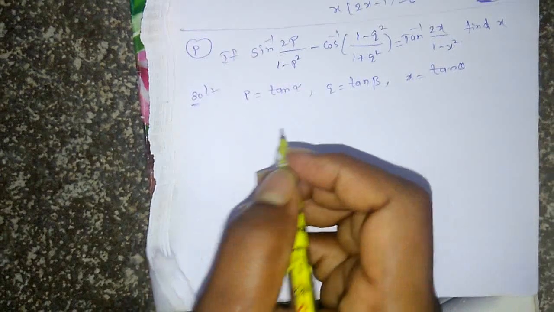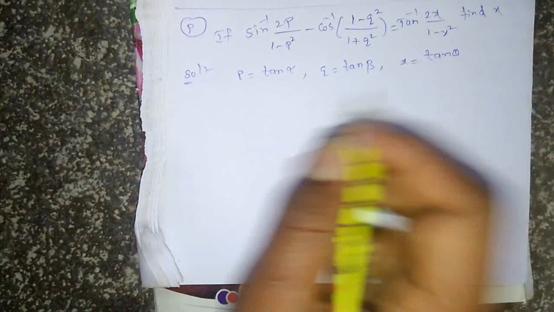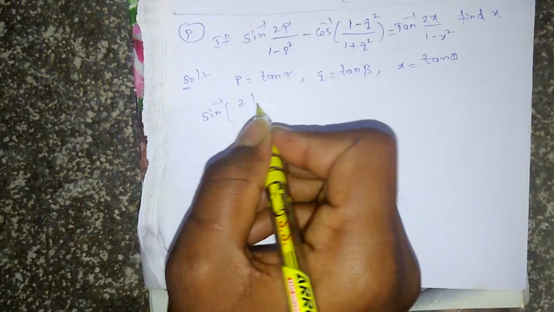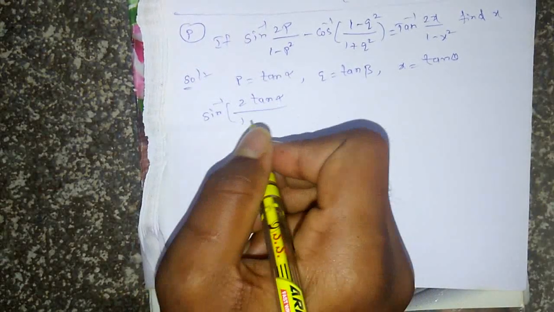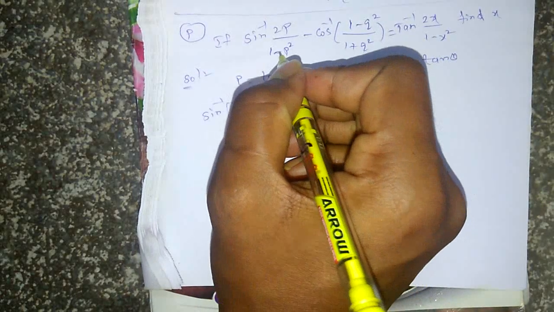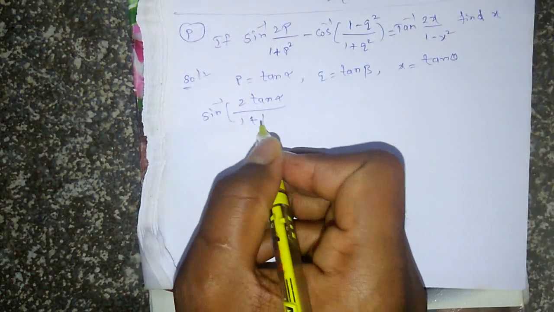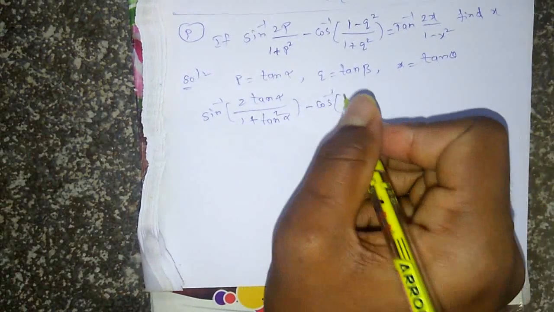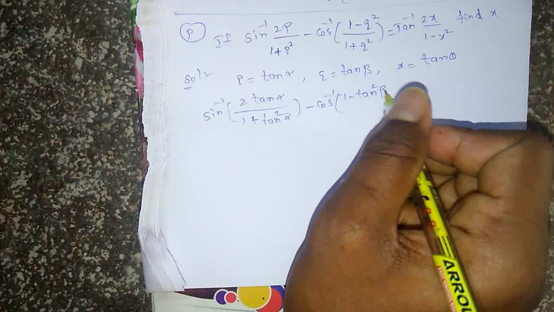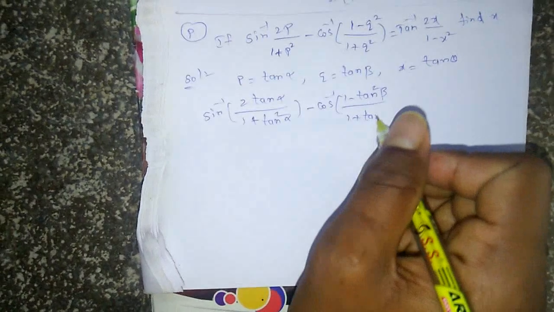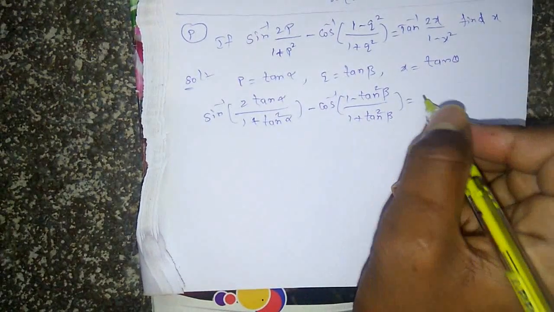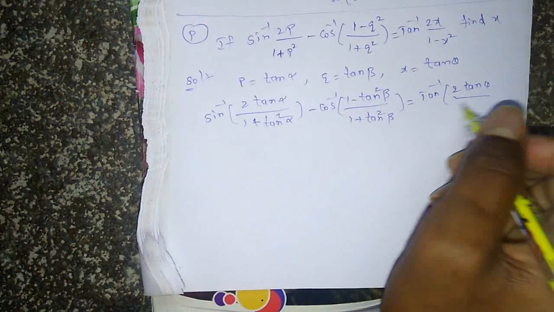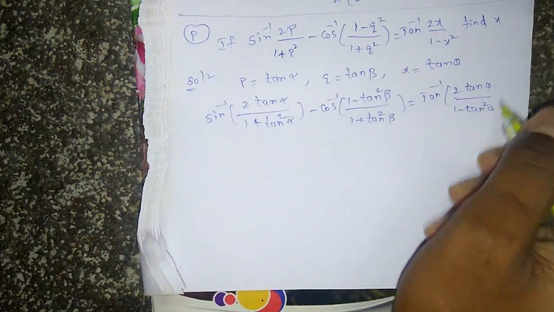Then the given equation will be, that is sin inverse of 2 tan alpha by 1 plus tan square alpha minus cos inverse of 1 minus tan square beta by 1 plus tan square beta is equal to tan inverse of 2 tan theta by 1 minus tan square theta.